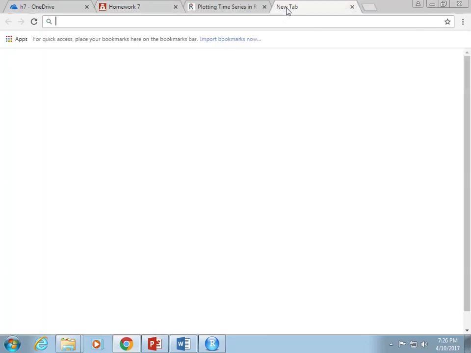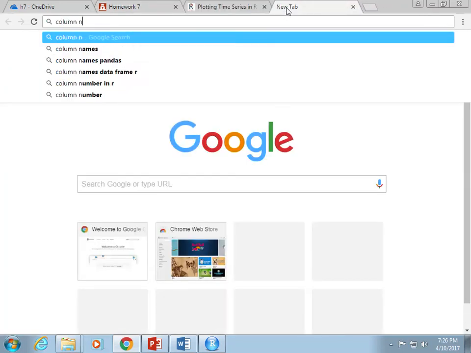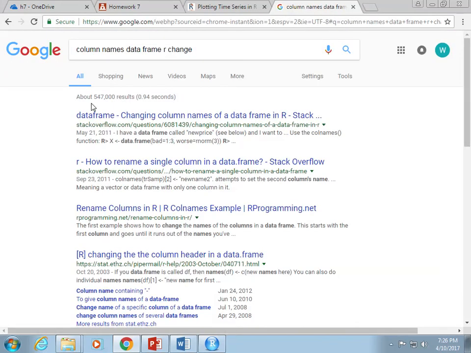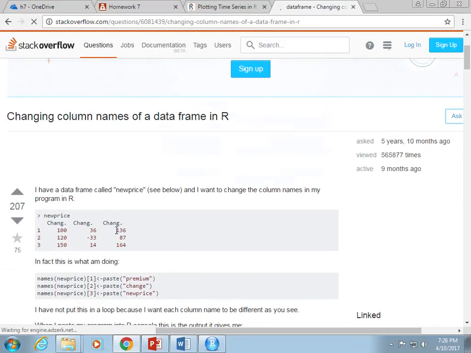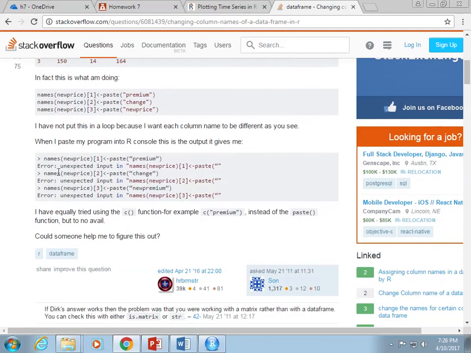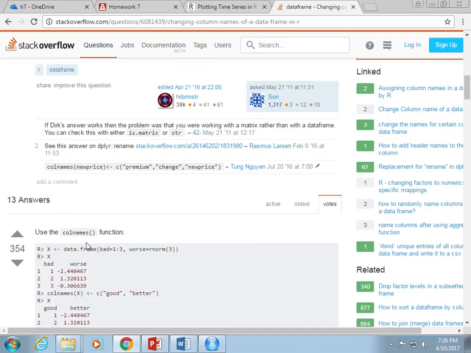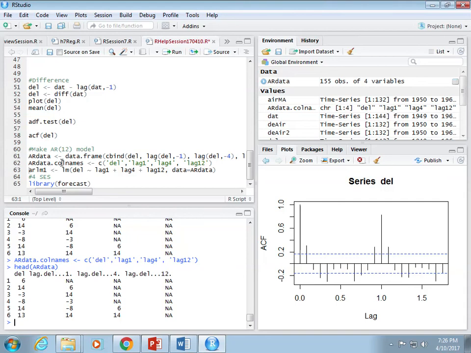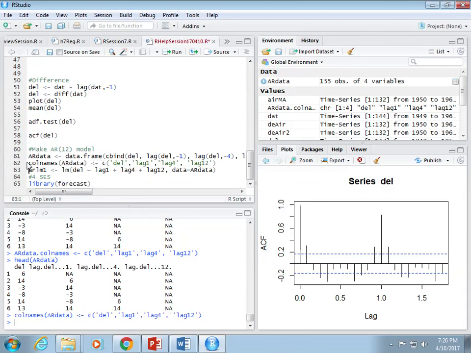Sorry, I wanted to change the column names, that way you can regress it. Oh, it's not dot column names, you have to do colnames AR. So I'll change the column names, that way this will work.